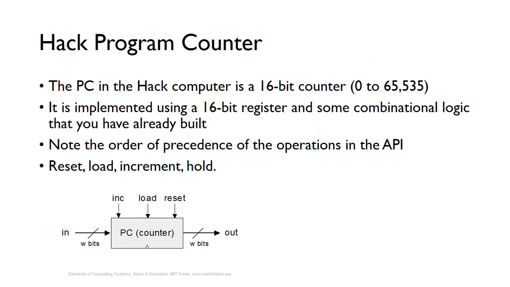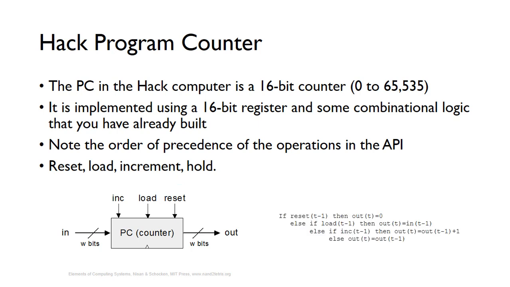Then if the increment bit is a 1, whatever value is currently on the counter, if it's 66, it'll go on to 67, 68 and so on. We can see we've got a clock input here. As the clock ticks, the value will increment, assuming that increment is high. We can also reset. If we set this pin high, the counter will reset back to 0.